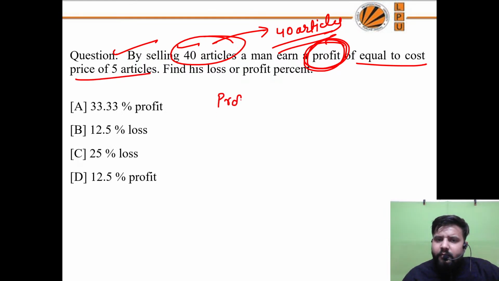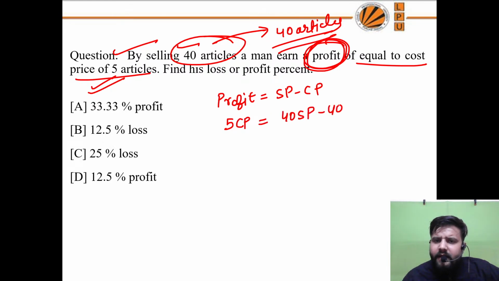So what is the formula for profit? Profit is SP minus CP. And profit is given as the cost price of 5 articles. So I'll write here 5 CP. It would be equal to 40 SP minus 40 CP. Done. So from here it is 45 CP is equal to 40 SP.